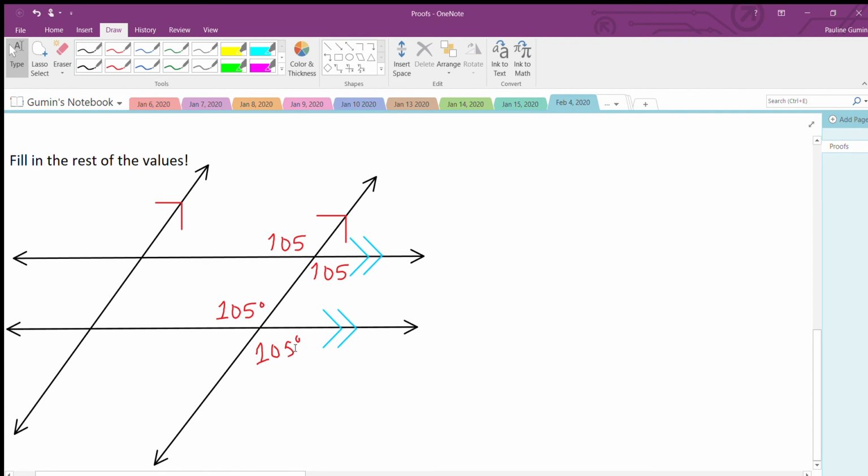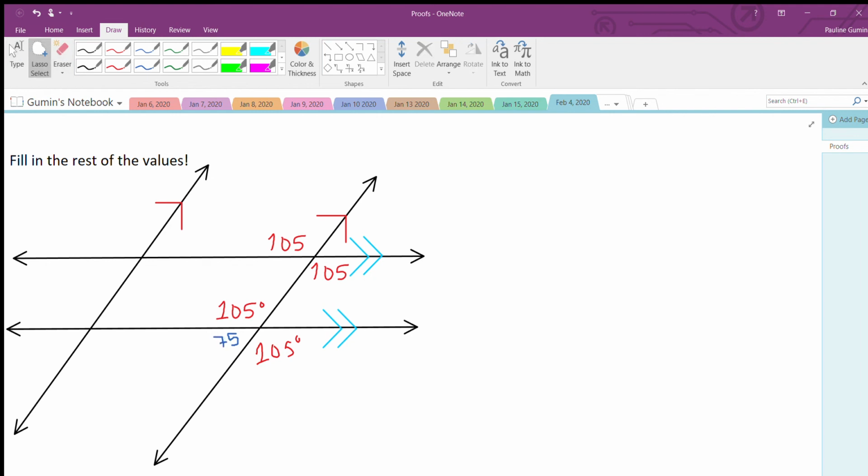The other 4 values we find by doing 180 minus 105, which gives us 75 degrees. I'm going to lasso 75.